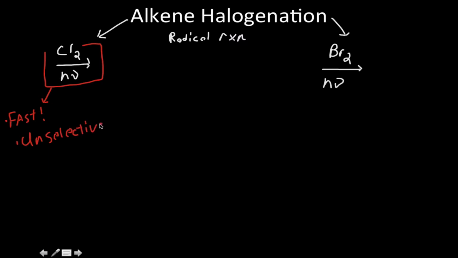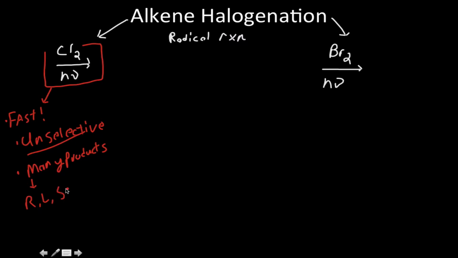And what I mean by unselective is that it goes all over the place. It doesn't have any particular carbon that it prefers to attach to. And because it's unselective, we're going to have many products.